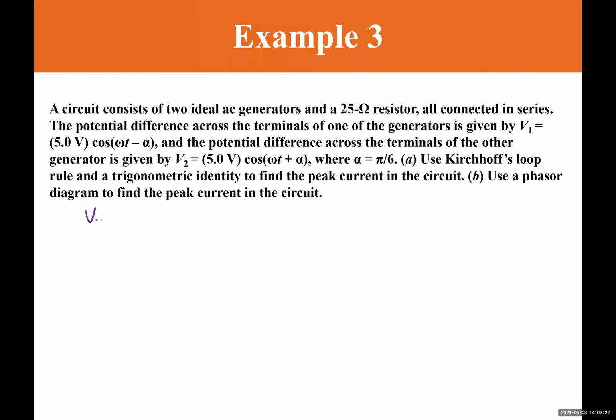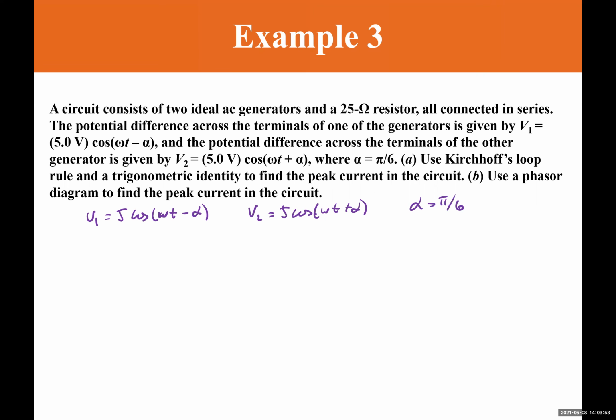Here we're given V1 as 5 cosine of omega t minus alpha, and V2 as, again, 5, which is just the maximum value, cosine of omega t plus alpha, where alpha equals pi over 6.